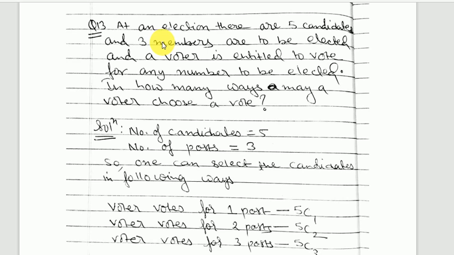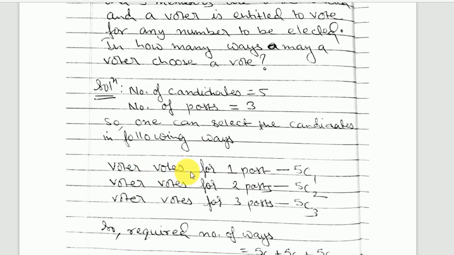In how many ways may a voter choose a vote? That means a voter can give only 1 vote, or 2 votes, or 3 votes. So the number of candidates is 5, the number of posts is 3. One can select the candidates in the following ways.